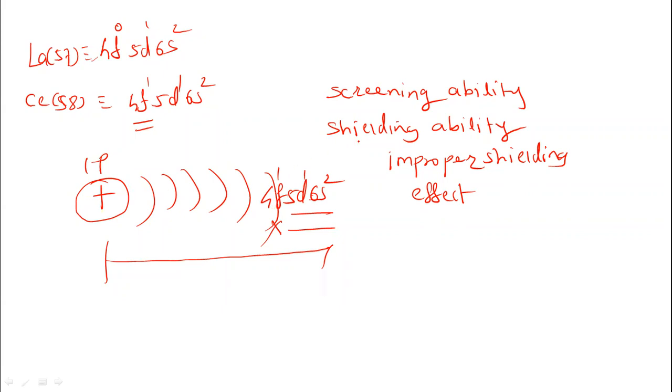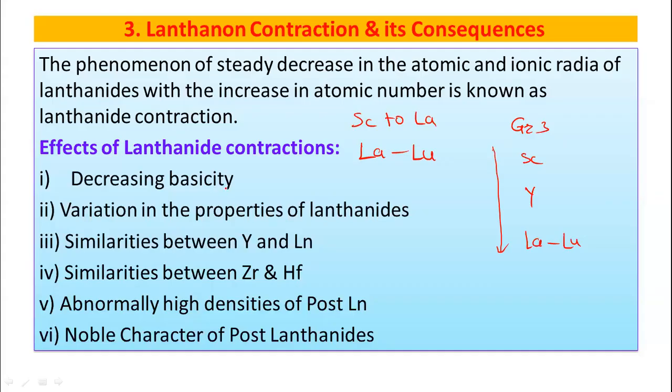So in the case of the lanthanoid elements, there is a steady decrease in the atomic size or ionic size with increase in atomic number. This phenomenon is called lanthanide contraction. I think you understand the lanthanide contraction we have explained here. Now, what happens due to the lanthanide contraction?